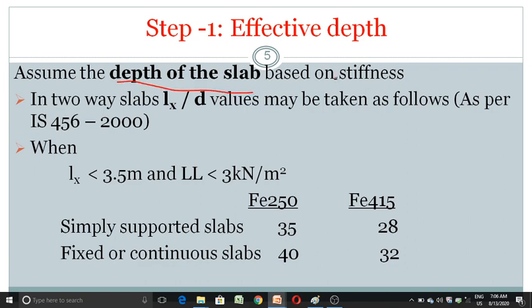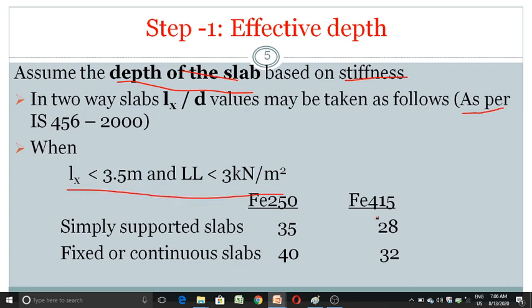This is based on the stiffness criteria given in IS 456:2000. Based on the codal provisions we have to design. Next, what is the codal provision? To calculate the Lx by d ratio, it has to satisfy this condition.